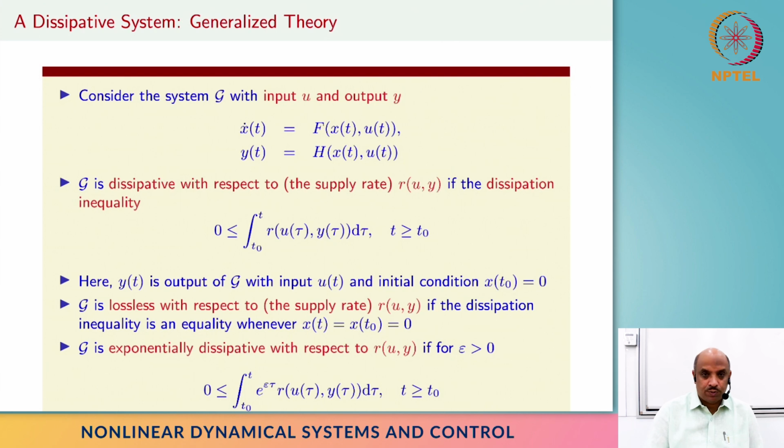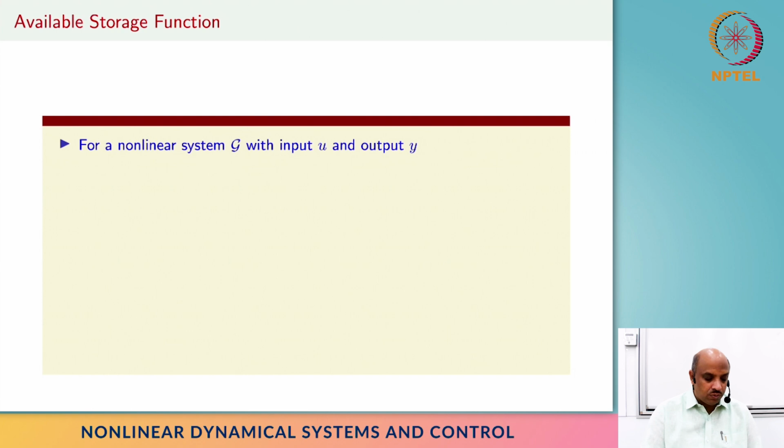And then there is an exponentially weighted version which is quite useful in many scenarios. Okay, so the question that now comes up is basically, for this particular kind of system, if there is a system for which I can somehow magically prove that this integral inequality is true for all values of u and y and t greater than or equal to 0, it's obviously humanly impossible to do that unless you have a very simple expression for the solution of this system.